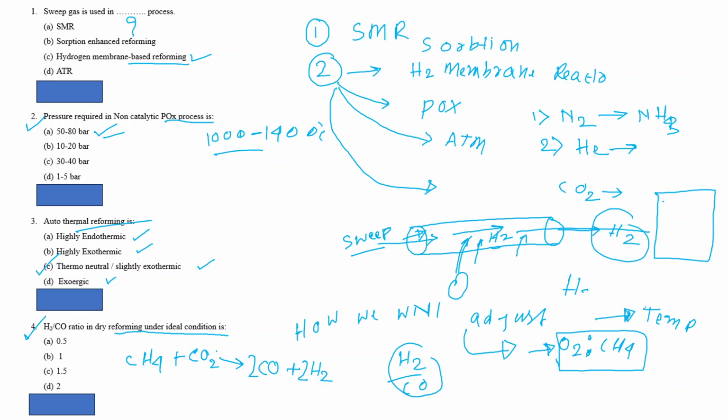So the hydrogen to carbon monoxide ratio, just find the hydrogen to carbon monoxide mole ratio: this is 2 divided by 2, it is coming 1. This is how you have to remember it.